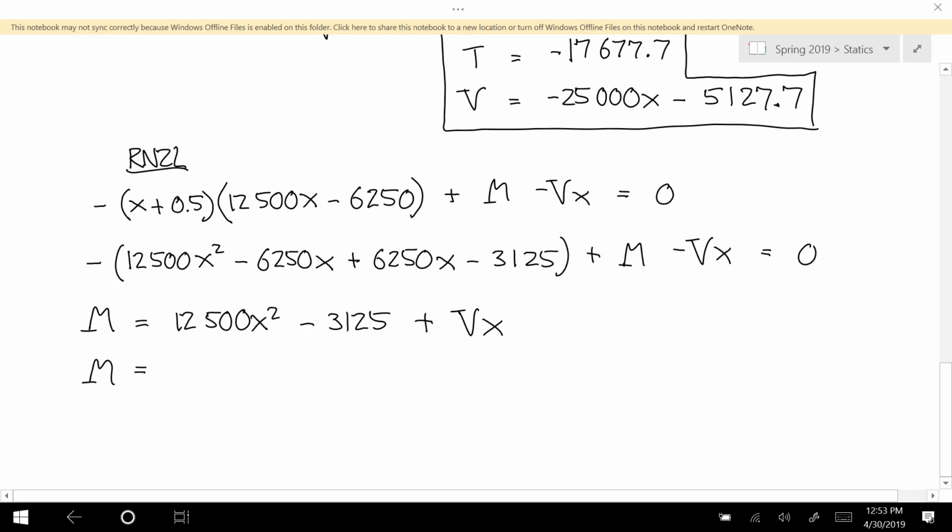So m is equal to 12,500x squared minus 3,125 minus 25,000x squared minus 5127.7x.